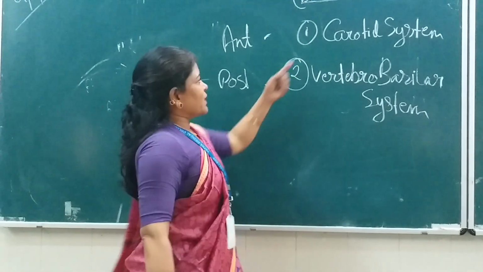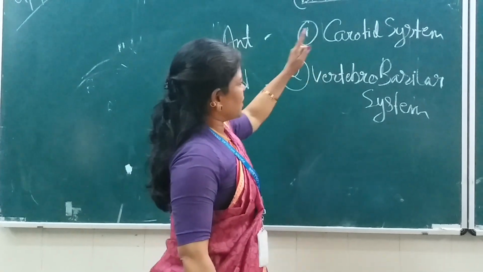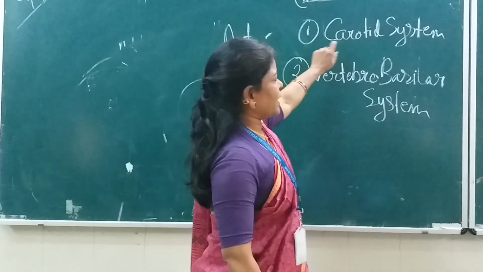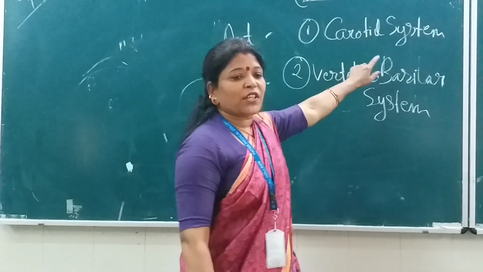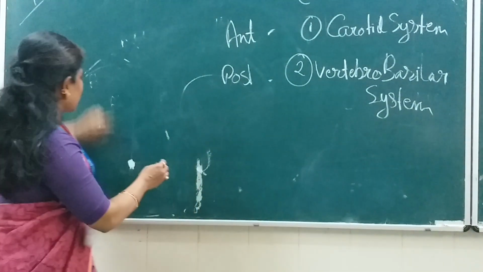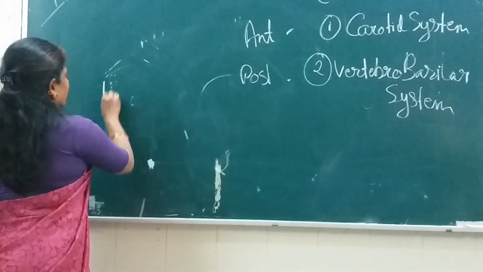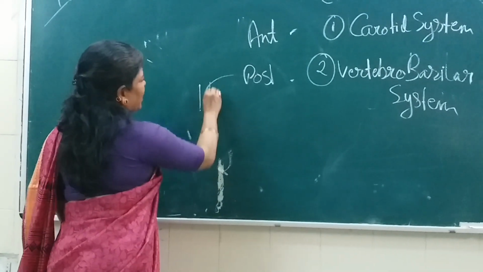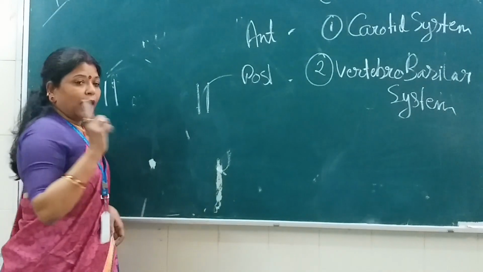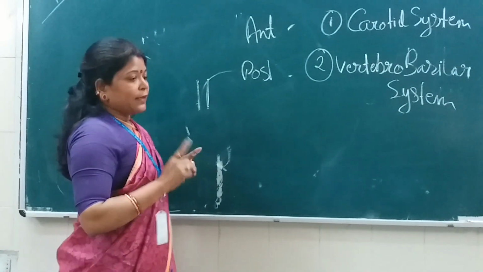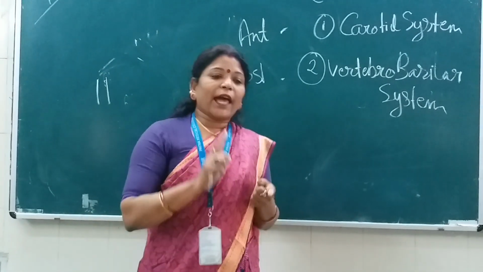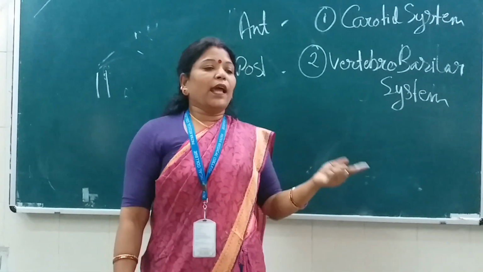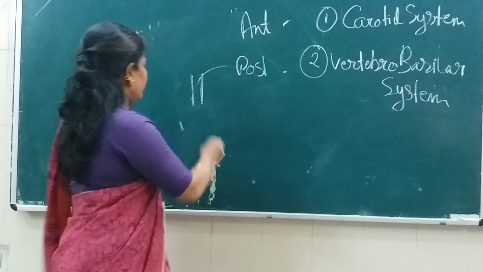So both these systems: the carotid system and the vertebrobasilar system. The word carotid comes from which artery? Look here. Just now we learned this is the right common carotid artery and here it is the left common carotid artery. I said common carotid, which means it is divided into the external carotid artery and the internal carotid artery.